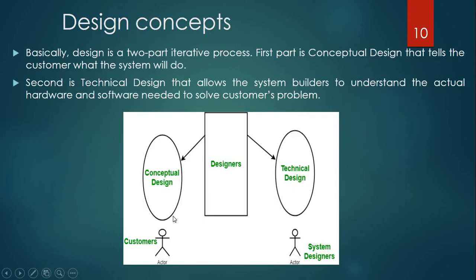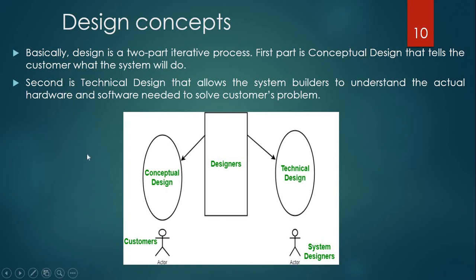Design concepts. Here we have a diagram. In it we have two actors, one is the customer, second one is the system designer. Here is the conceptual design, and this is the technical design. Conceptual design is at the end of the customer and technical design will be at the end of the system designer, and there will be a designer who will design this conceptual design as well as this technical design.